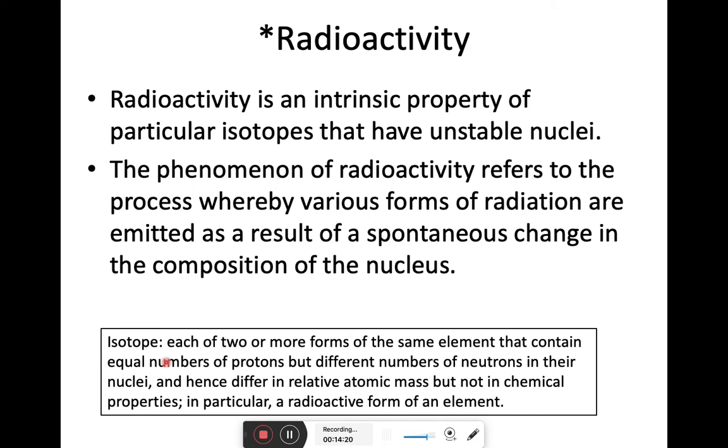What is an isotope? Because we said radioactivity is an intrinsic property of particular isotopes. An isotope is each of two or more forms of the same element that contain equal numbers of protons but different numbers of neutrons in their nuclei, and hence differ in relative atomic mass but not in chemical properties, in particular a radioactive form of an element.